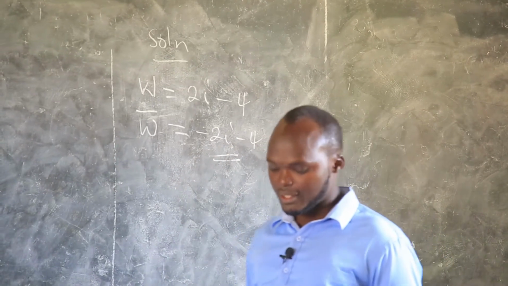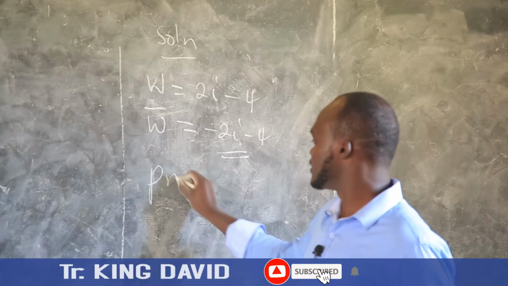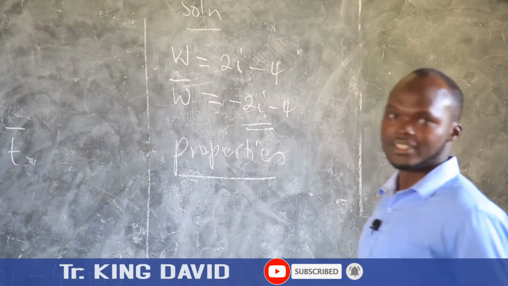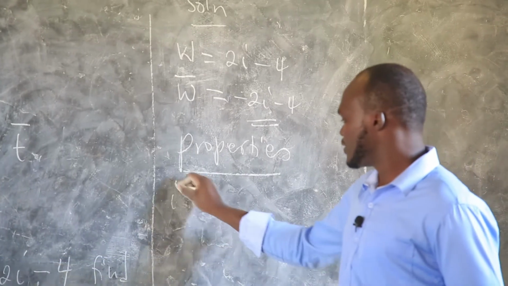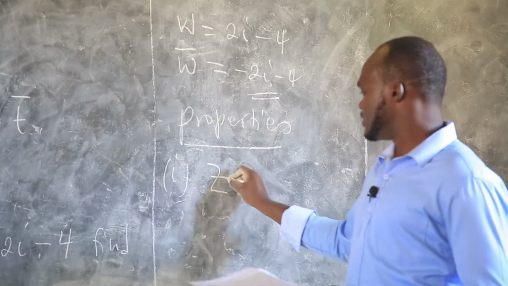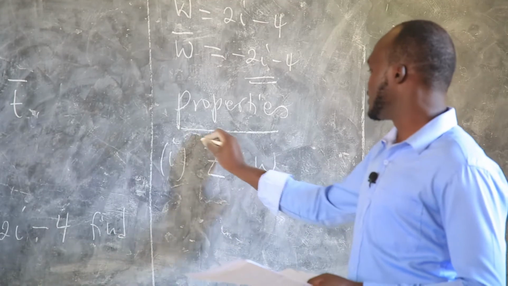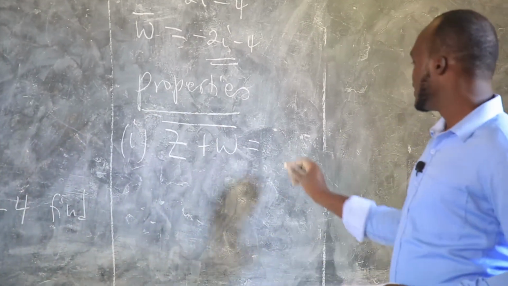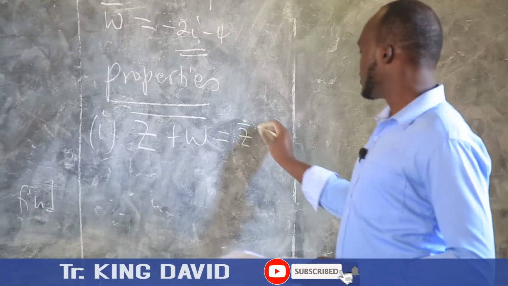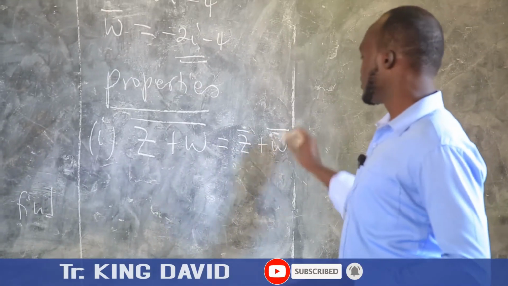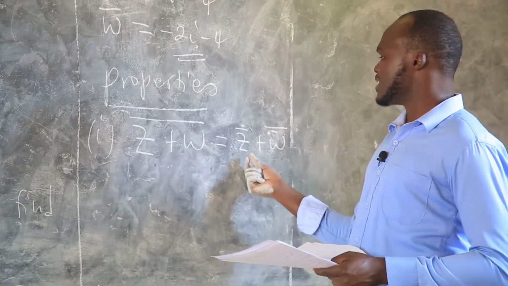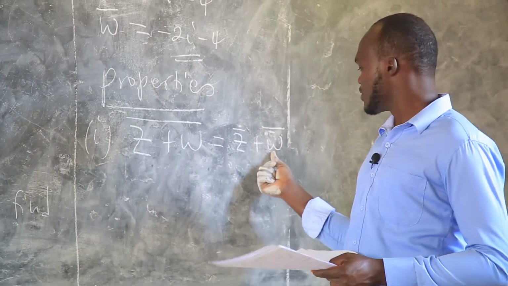So let us try to see properties of conjugate. Properties of conjugate. When you have the conjugate of Z plus W, it is the same as Z conjugate plus W conjugate.